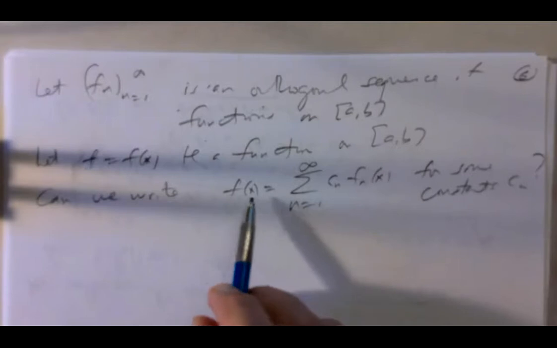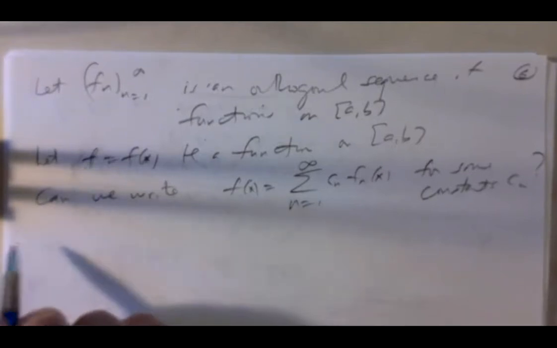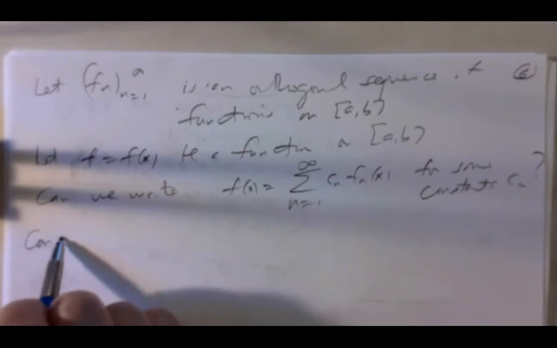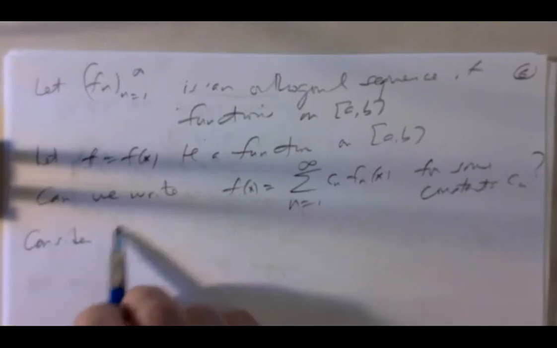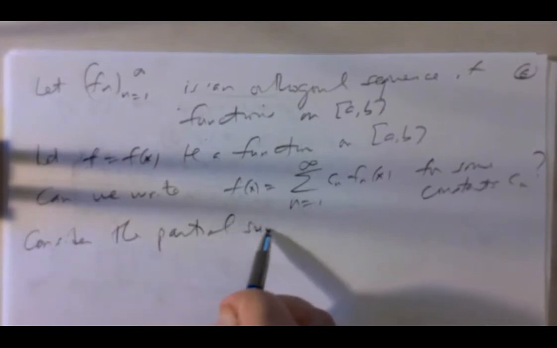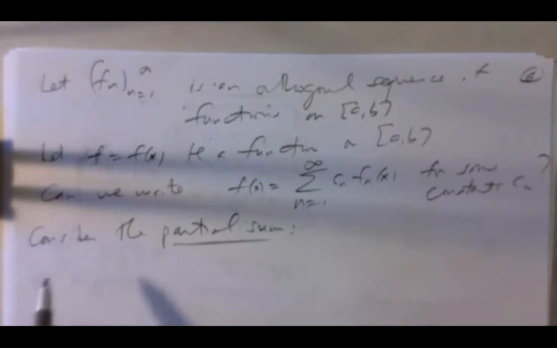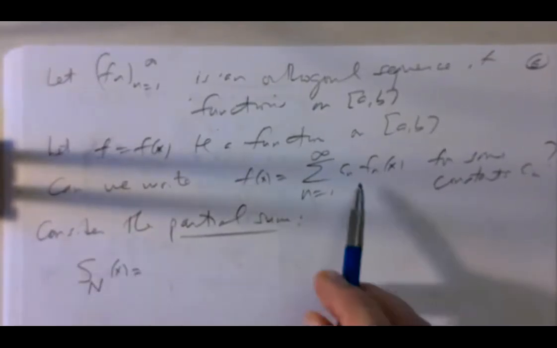Now, another way to pose this question is to consider the partial sum, right? This is just what you learned about in calculus. Suppose we let S sub capital N of x be the sum of the first capital N terms of this series.